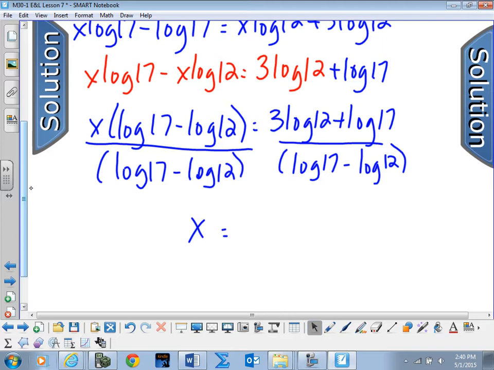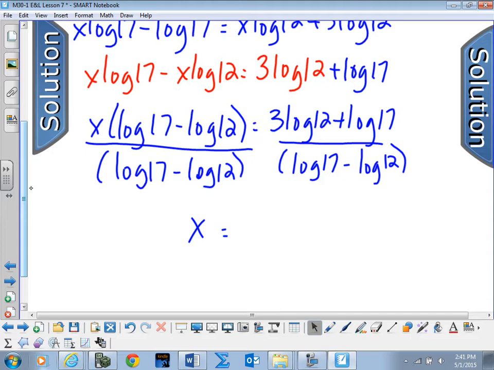I want everybody to be able to put this in the calculator correctly and get the right answer. Now, being a little conservative, what I often do is type in the numerator: 3 log 12, close bracket, plus log 17, close bracket, enter.